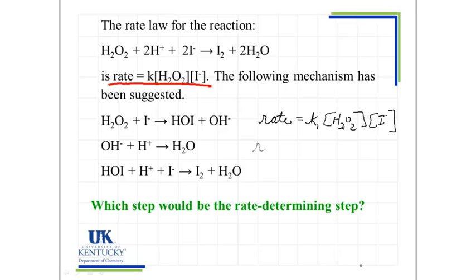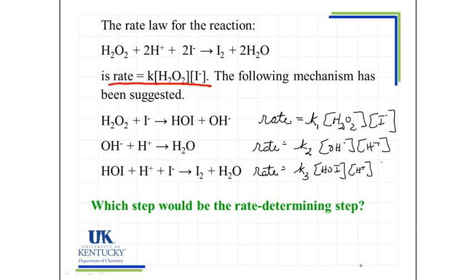For this reaction, rate is equal to K2, it's a different rate constant, times OH minus times H plus, both raised to the first power. And this one is rate is equal to K3 times HOI times H plus times I minus.